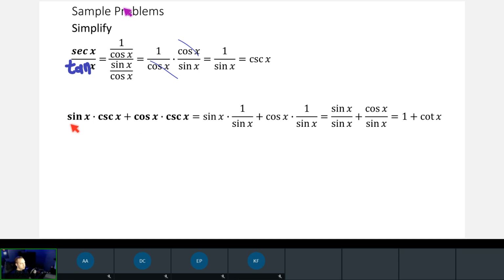So let me write this down. So yes, that first one, I could have written it as 1 over cosecant of x plus, and then you're saying write cosine of x as 1 over secant.